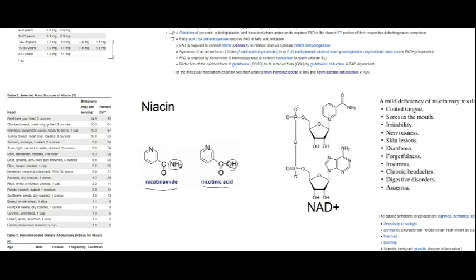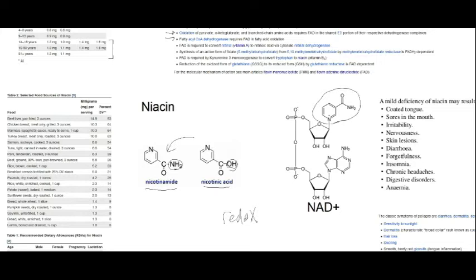I have this over here because one of the main things for niacin, which you can see right here on this molecule, is nicotinamide adenine dinucleotide. It has the nicotinamide version of this on it, so this can be converted into this as well. And just like the flavin adenine dinucleotide, this nicotinamide adenine dinucleotide is also used in redox reactions in the body.